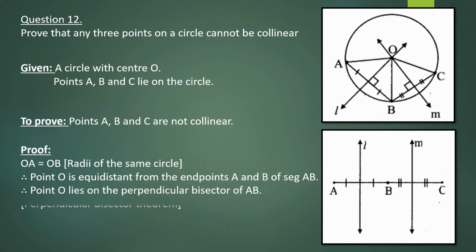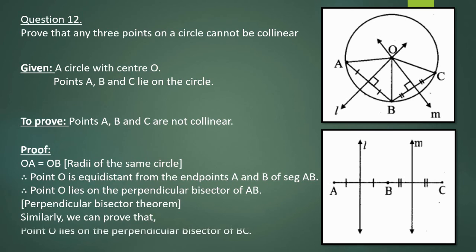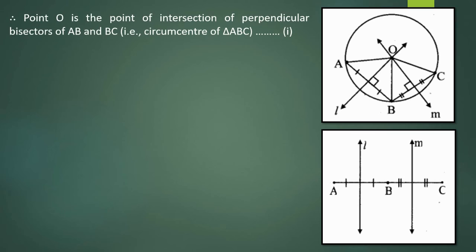Similarly, we can prove that point O lies on the perpendicular bisector of BC. So point O is the point of intersection of the perpendicular bisectors of AB and BC. That is, it will be the circumcenter of triangle ABC. We'll name that equation 1.